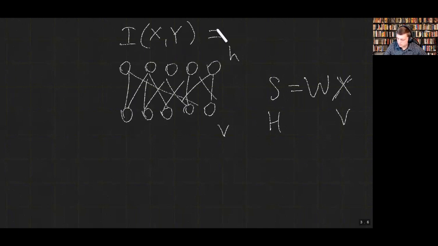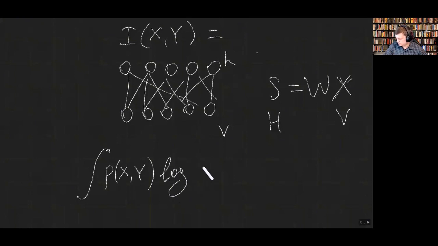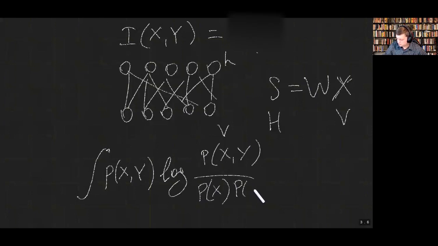We can decompose this mutual information. Well, mutual information in differential form is nothing but the KL divergence of the joint distribution and the product of the marginals.